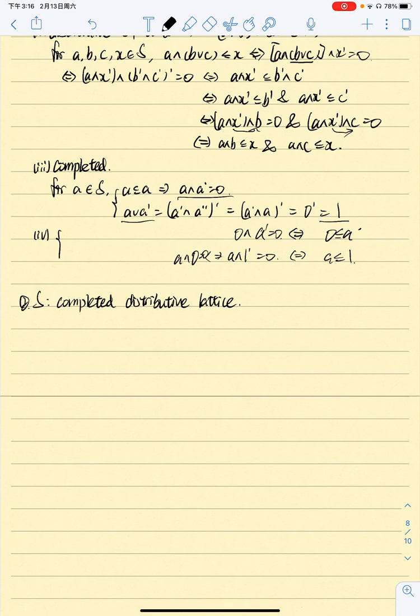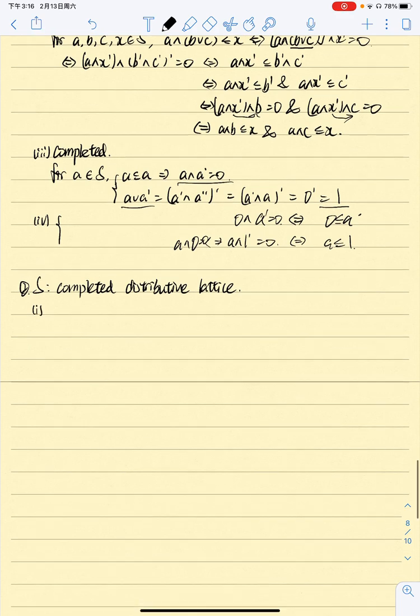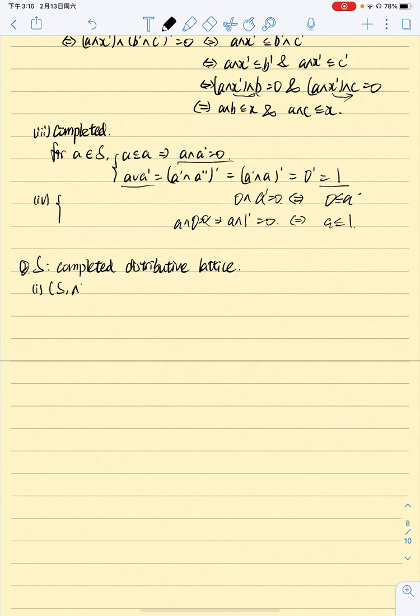That means we should prove three things. First is S and is a semi-lattice. Okay, this is trivial because S is a lattice. Clear. And 0 is an element of S. Also, this is clear by the definition.